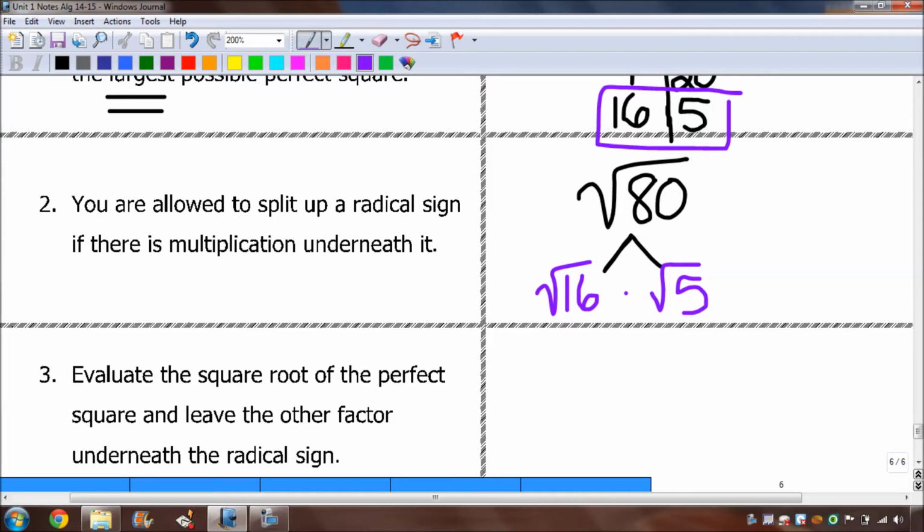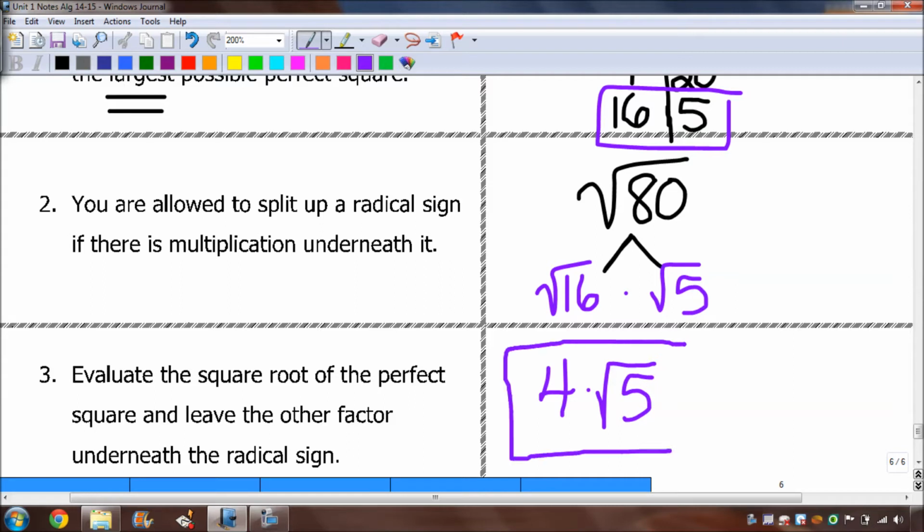So 16 is a perfect square. I end up getting 4. Now, since I've done the square rooting, I don't put the square root on the 4, even though 4 is a perfect square. I've done the actual operation, so I don't need to include it anymore. So then I have 4 times the square root of 5 because 5 is not a perfect square. So 4 radical 5 is my answer, okay?